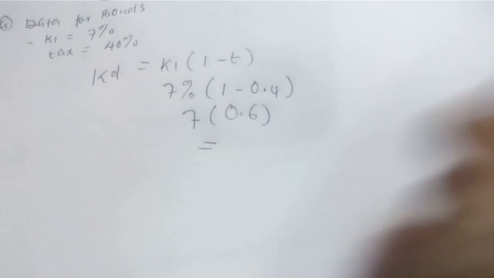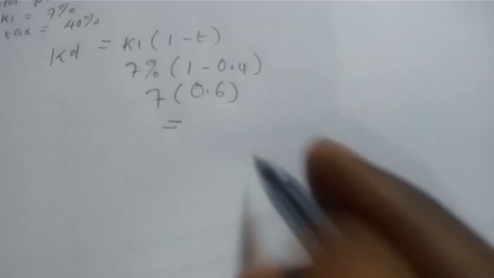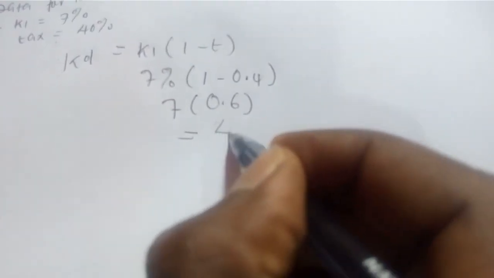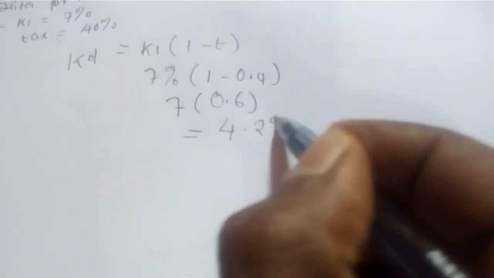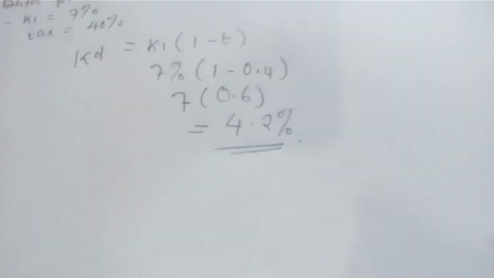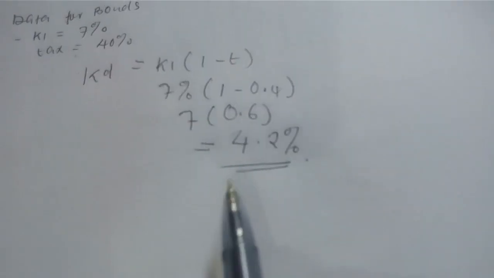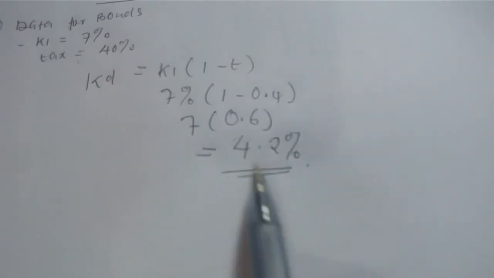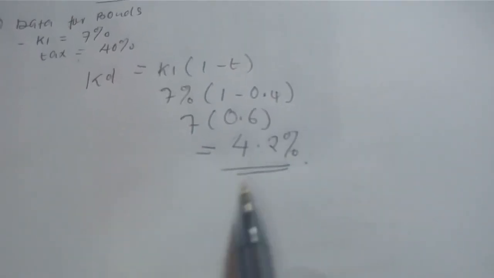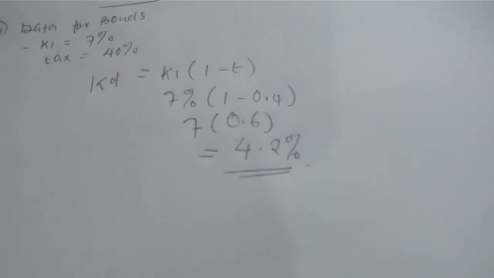So this will give us 4.2%. So we are done with computing the cost of debt, 4.2%. Take note of this figure. We are going to use it when computing our weighted average cost of capital.